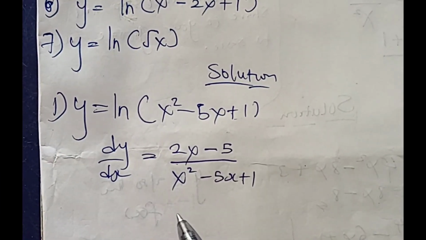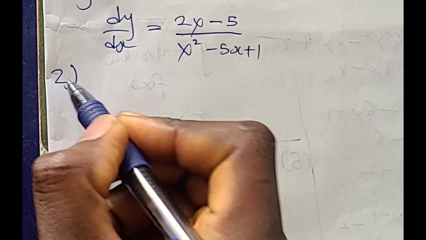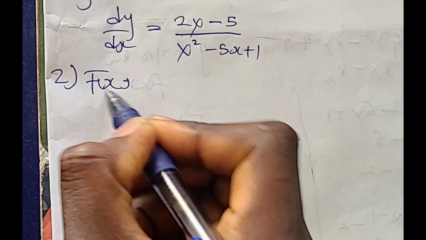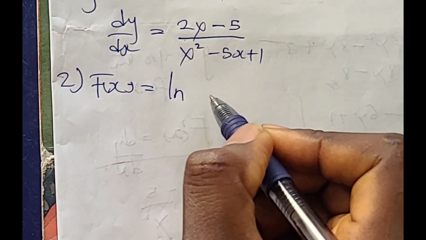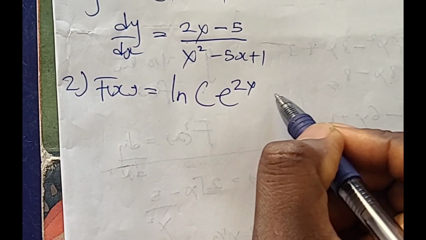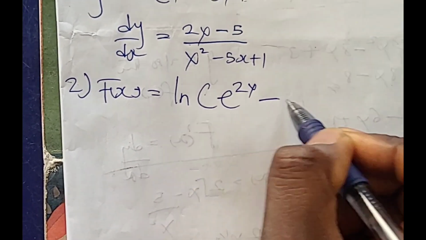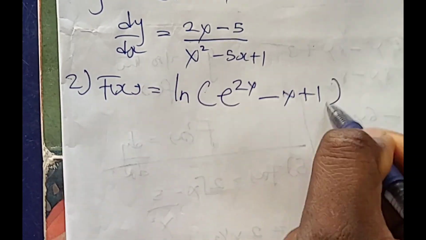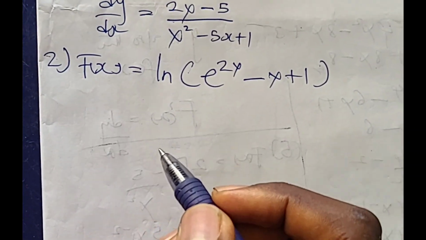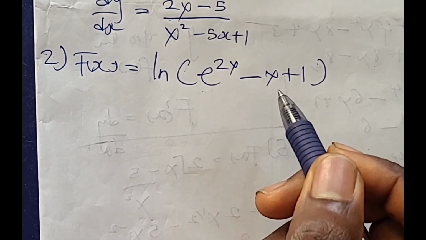And number 2 says f of x is equal to ln(e raised to power x squared minus x plus 1). Remember what I said before? You differentiate the inside and divide it by what is inside.